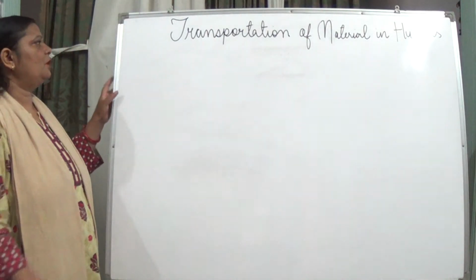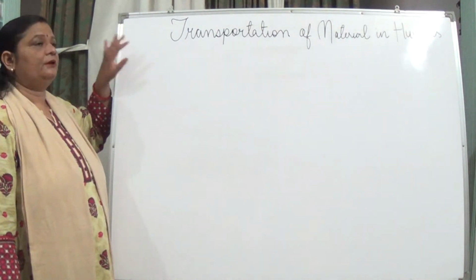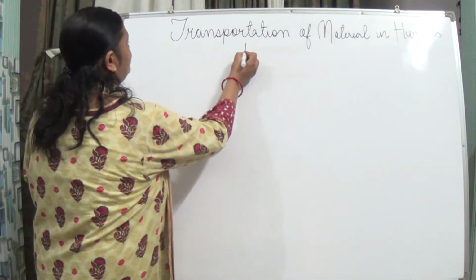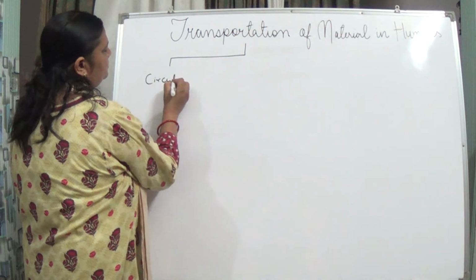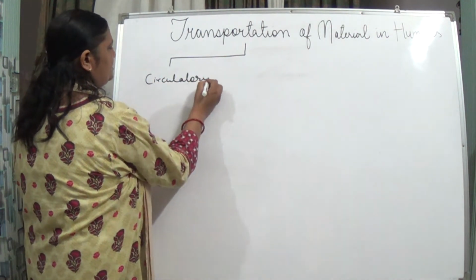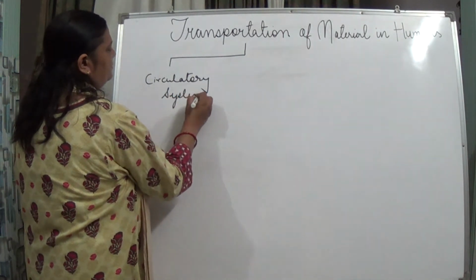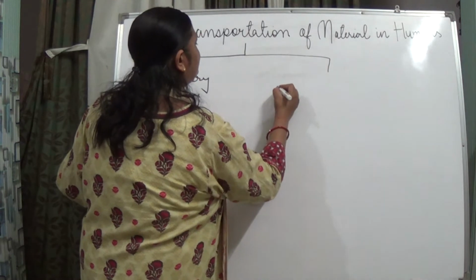When we talk about transportation of material in humans, it is carried by two systems, that is the circulatory system and the lymphatic system.